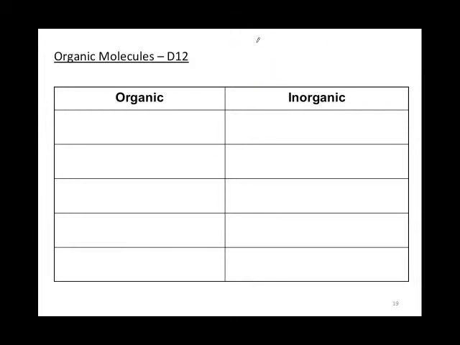Some other important molecules, salts. We know that different salts will ionize to form electrolytes. Sodium chloride, potassium chloride, calcium chloride, among others, are important salts, and we know that they form sodium ions, chloride ions, potassium ions, and calcium ions. And all of those are very important for a variety of factors.